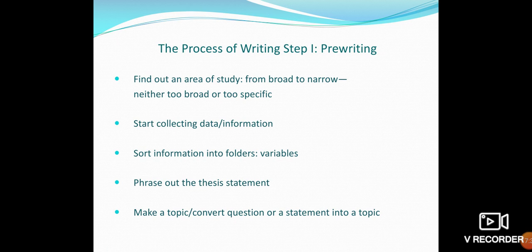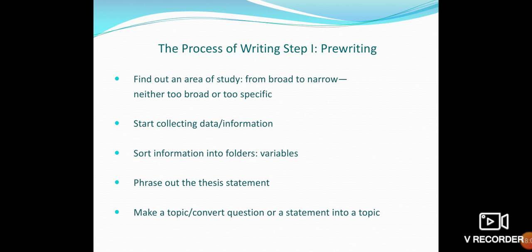So these are the activities you have to conduct as a pre-writing task. First you have to find an area in which you are interested. Your interest is very important, and your knowledge also is very important. Where your interest and your knowledge meet together, that's going to be your area of study.